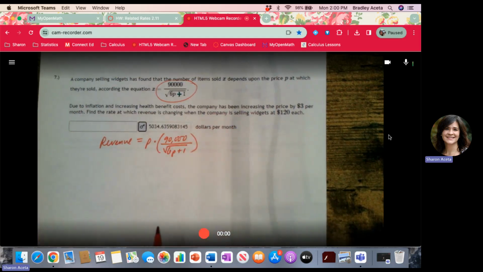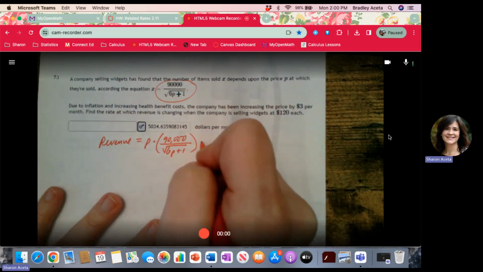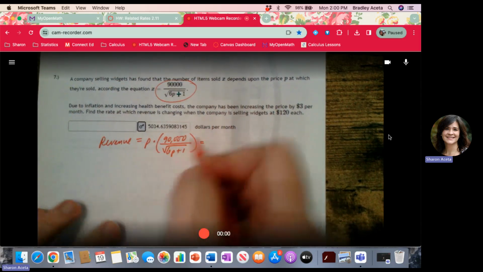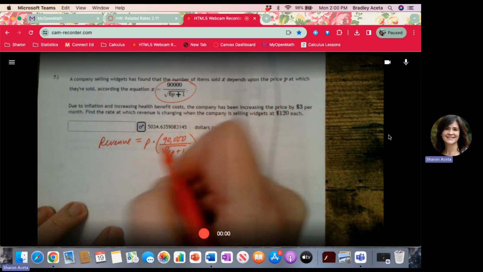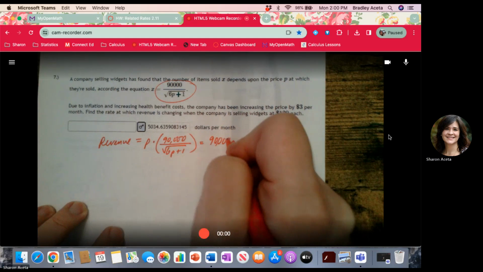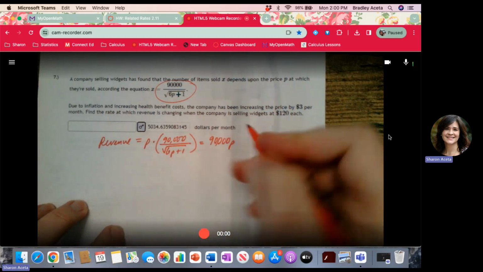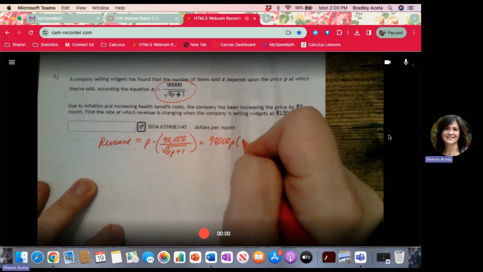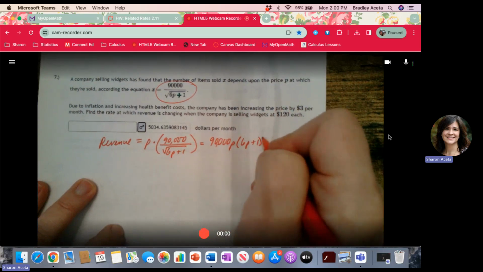So price times X. And we're going to clean this up a little bit. So the P is with the 90,000, and this square root, I'm actually going to bring it to the side and call it 6P plus 1 to the negative 1/2.